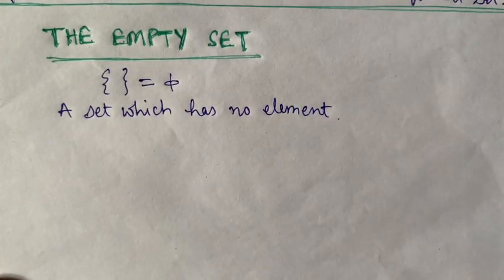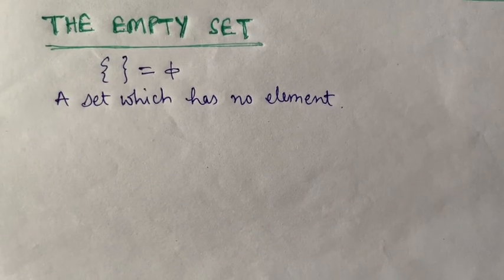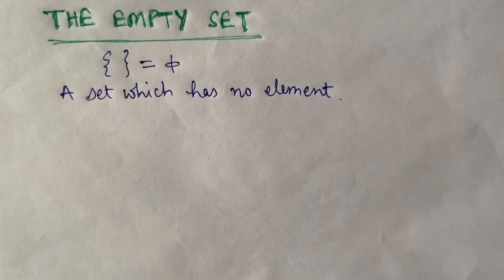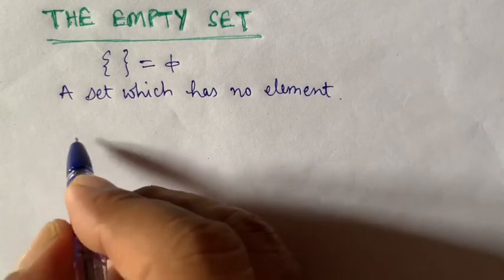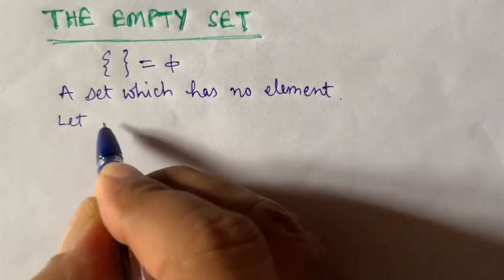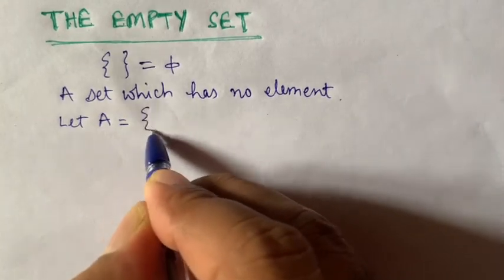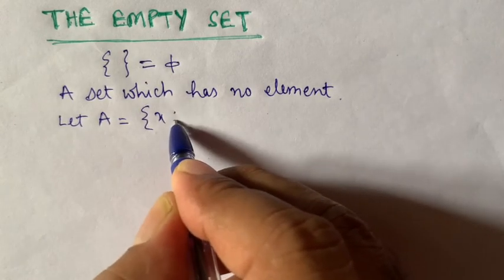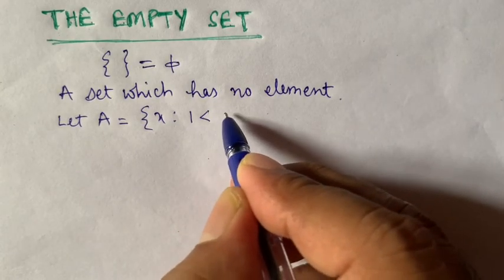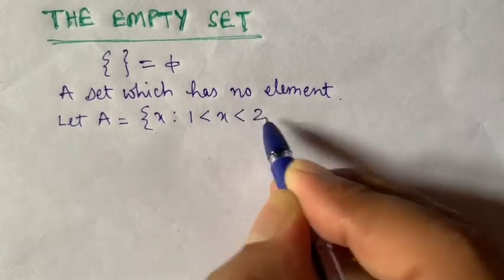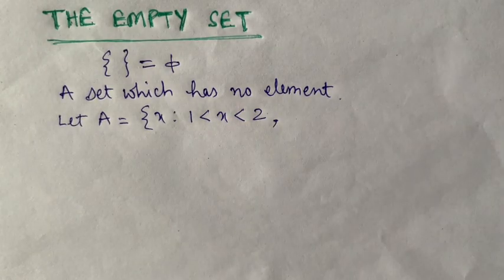Can we give examples of a set which has a definition, but we won't be able to get any element for it? There are so many actually. We are writing some of them. Let us take a set A which is defined as x such that 1 is less than x is less than 2. That means we are talking about all those numbers lying between 1 and 2.